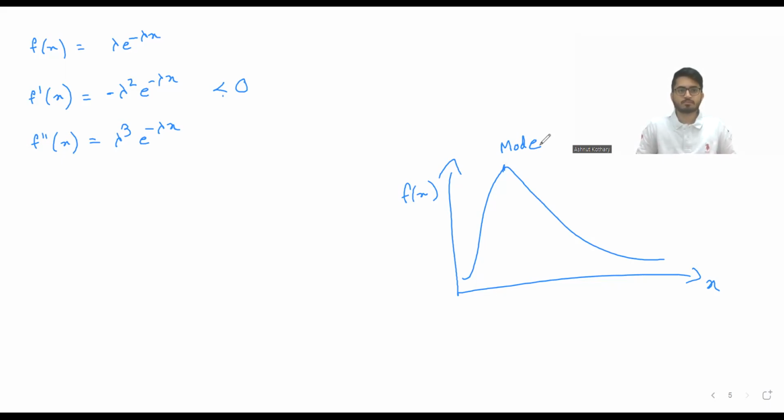Hence, fx will have its maximum value when x takes its minimum value, which is 0 over here. So mode is 0.